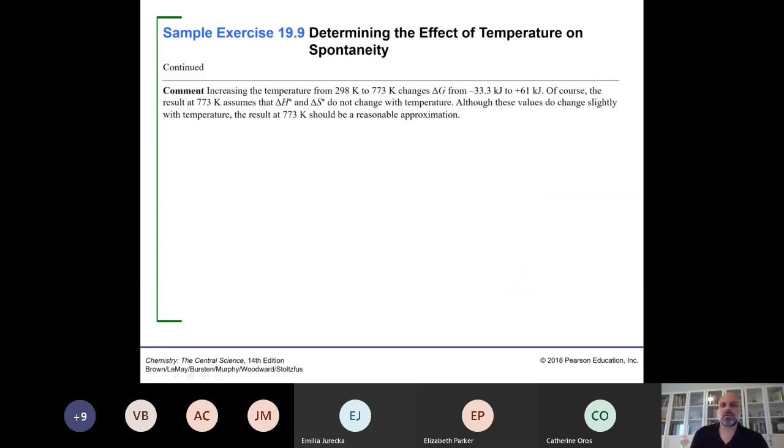It says increasing temperature from 298 K to 773 K changes the delta G from minus 33 to plus 61. And this obviously makes the assumption that there's no change in delta H or delta S with temperature. They do change slightly with temperature, but this is still going to be a reasonable approximation. We would still expect a very positive number for the 500 degrees free energy result.